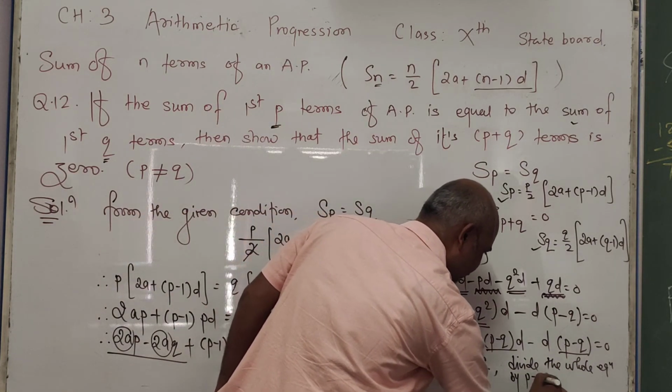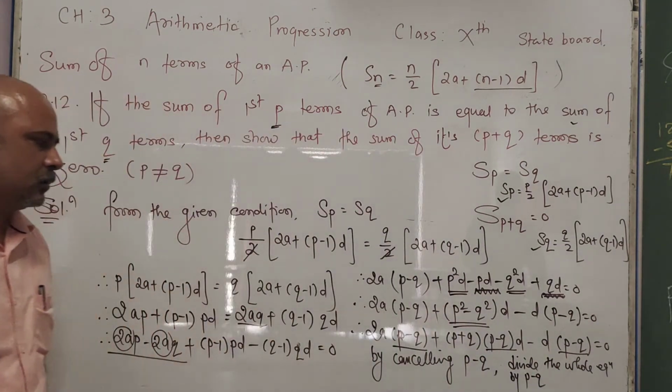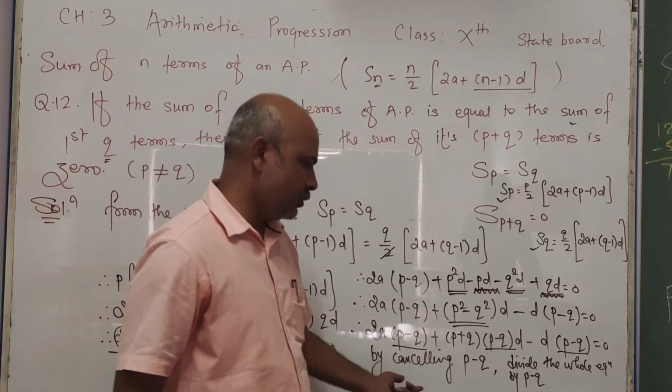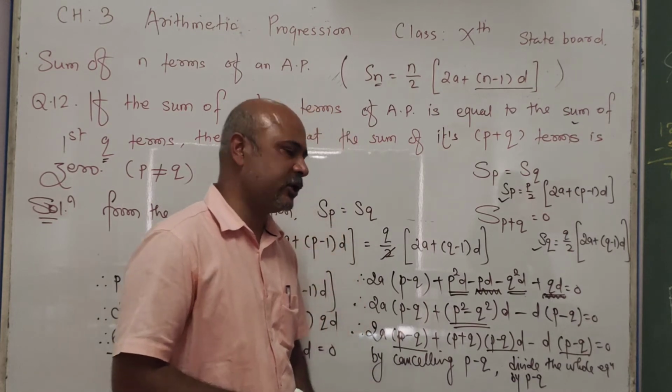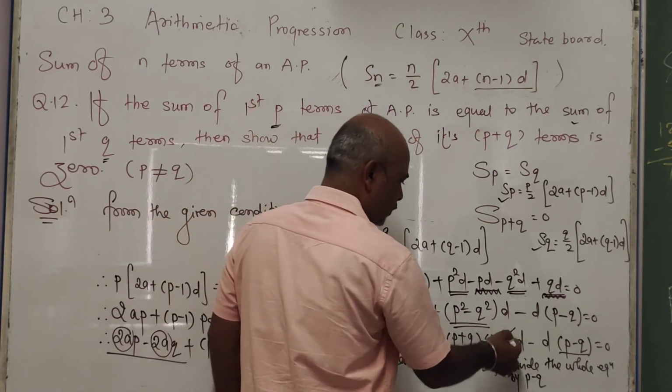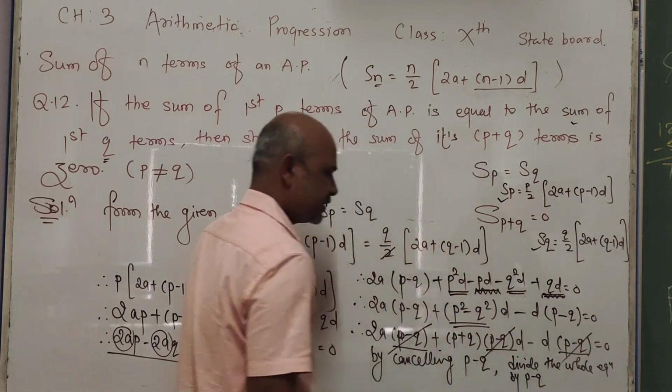Either you will write by cancelling p minus q, or you may write divide the whole equation by p minus q. So this p minus q will cancel out throughout each term.